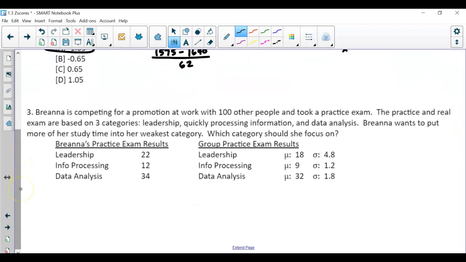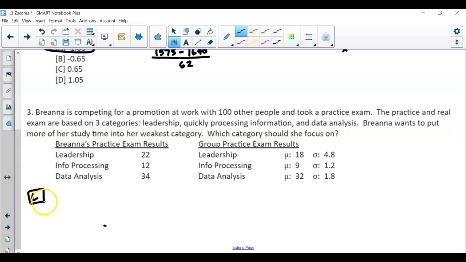Now, question number 3. You are given the results, but notice how they all have a different mean and standard deviation. So whenever that is the case and you're trying to make a comparison about the weakest category, you can't just go to the lowest score because they have different means and standard deviations. So this is when you have to find the z-score.